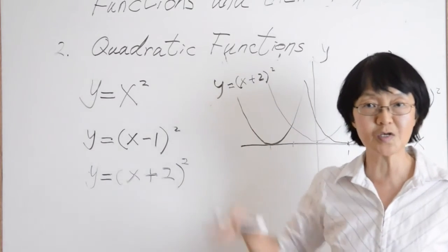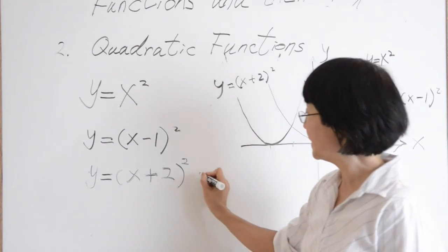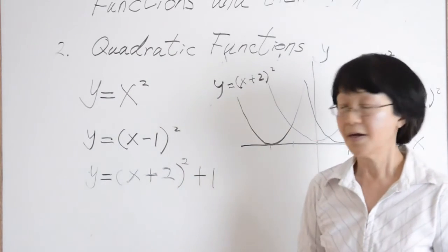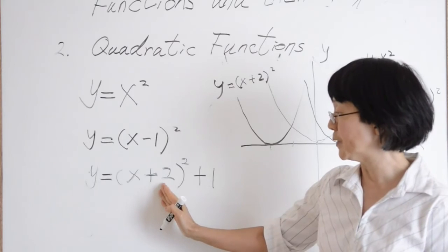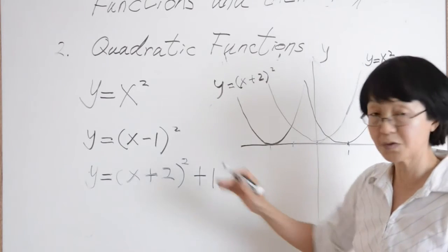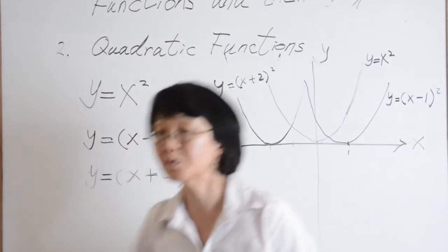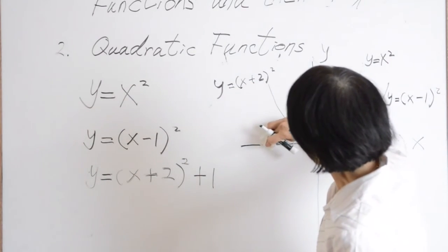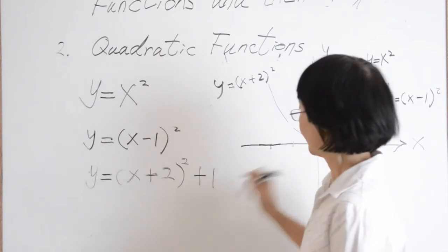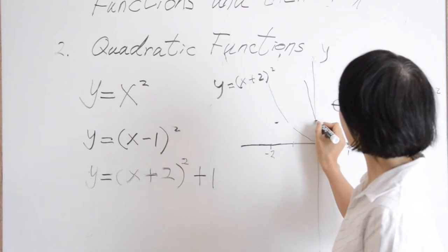Now go back to vertical translation and put them together. What happens if I have this and plus 1? It means move left 2 units and move up 1 unit. You see that? That's so simple once you understand the idea. If I move up 1 unit, the new graph moves left 2 units, which is here, and up 1 unit, probably here.